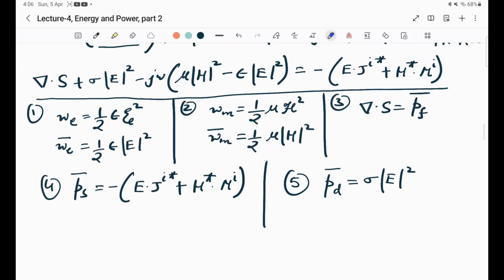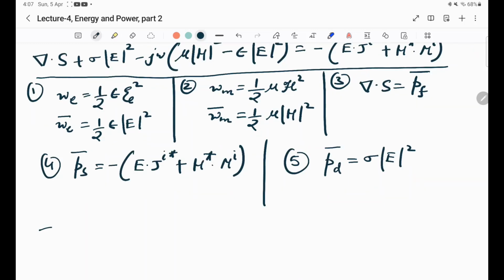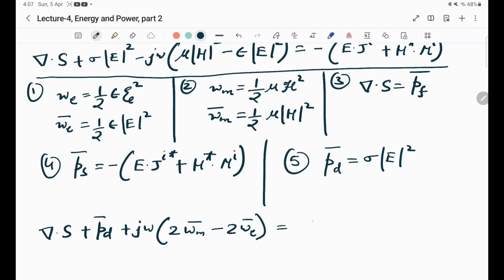Okay, so now we are going to substitute back these definitions into this particular equation, and we will get del dot S plus Pd bar plus j omega times 2 Wm bar minus 2 We bar is equal to Ps bar.